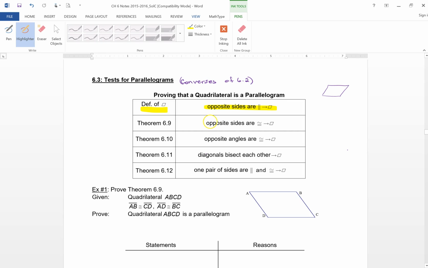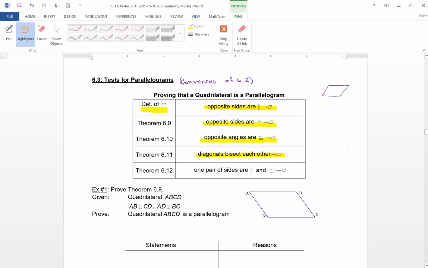Also, if the opposite sides are congruent, then your quadrilateral is a parallelogram. Similarly, if the opposite angles are congruent, then you have a parallelogram. If the diagonals bisect each other, then you have a parallelogram.